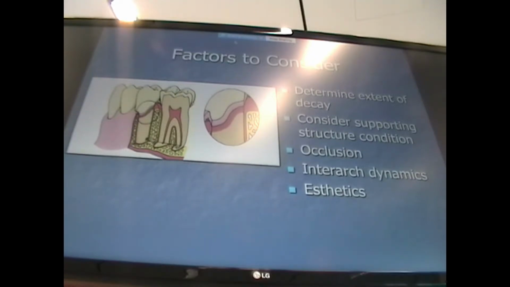Someone who bruxes will destroy anything you can put in your mouth. They will break anything. Remember that on average, your patient will exert 500 pounds per square inch of pressure. And I don't care if it's a 98-pound weakling from the beach. They can chew. Those masseters will do a lot of damage. So occlusal factors have to be taken into account.